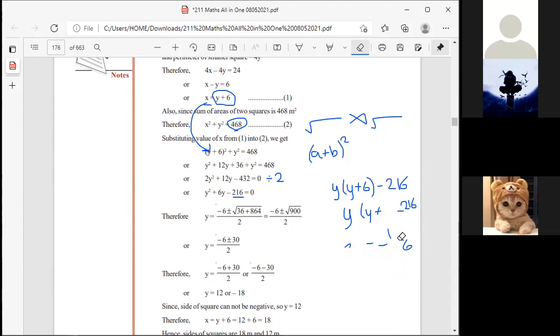And they have got plus 6 or minus 6 root of 36 plus 864 to make it equal. And then they have got their answer as minus 6 plus 30 upon 2 and minus 6 minus 30 upon 2. What is minus 6 plus 30?